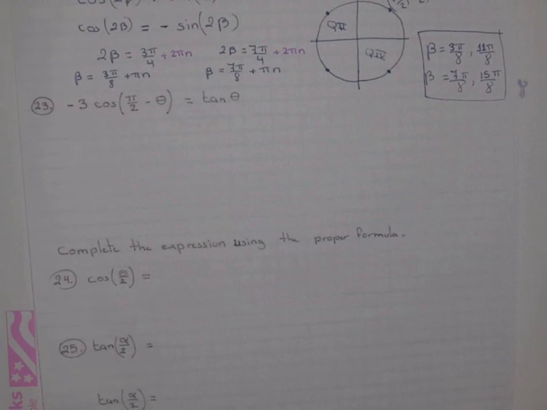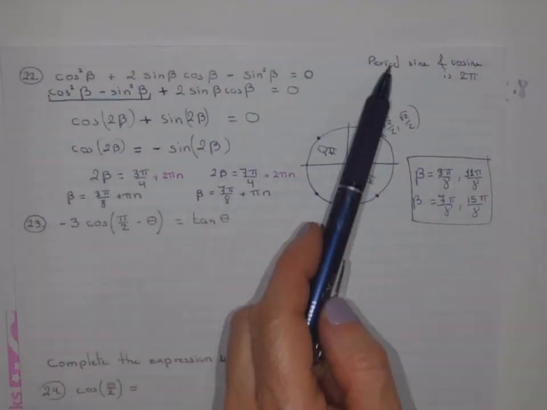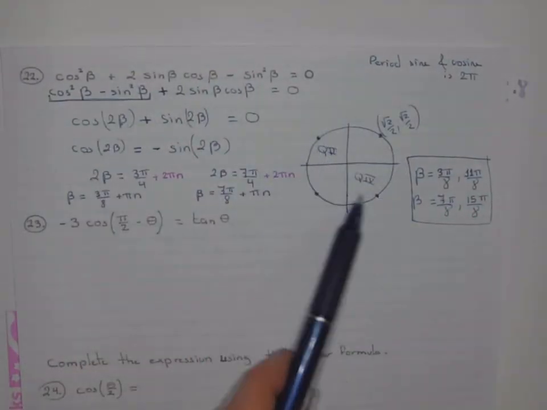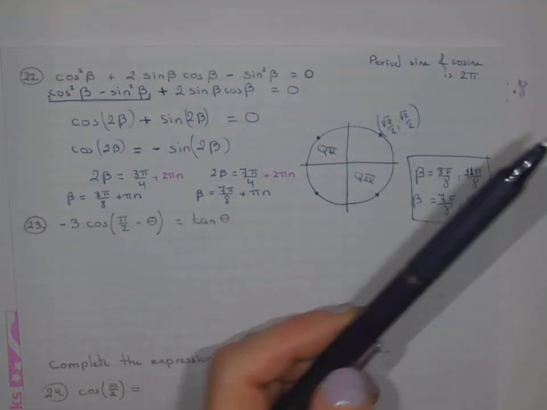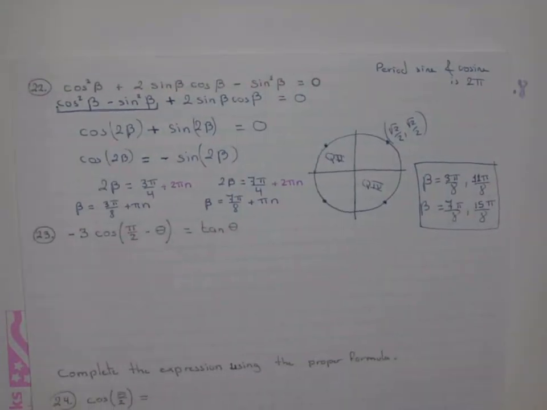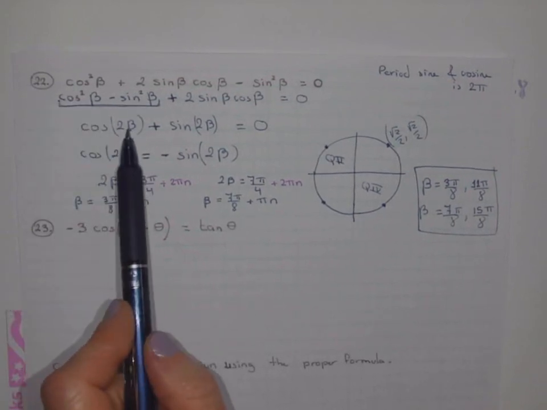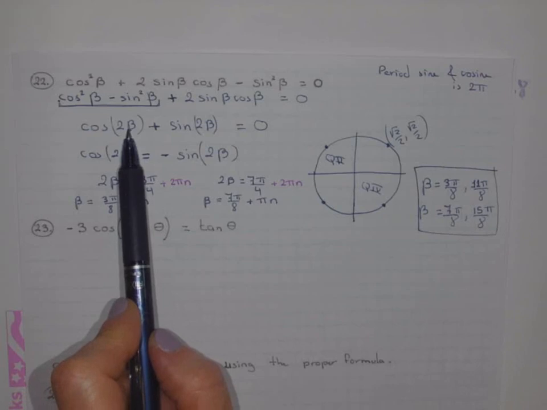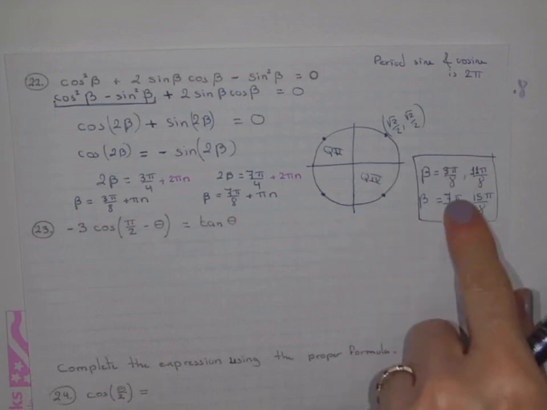Again, this is a video, right? So you can rewind, you can stop me, you can listen to it again and make sure you understand. The big deal is that we need all the possible angles within one revolution of the circle, because that was our restriction, right? We were going between 0 and 2 pi. And because we're dealing with not single angles, we have double angles, or when we have half angles, I think was the example earlier, that's when we have to make sure we check that, right?